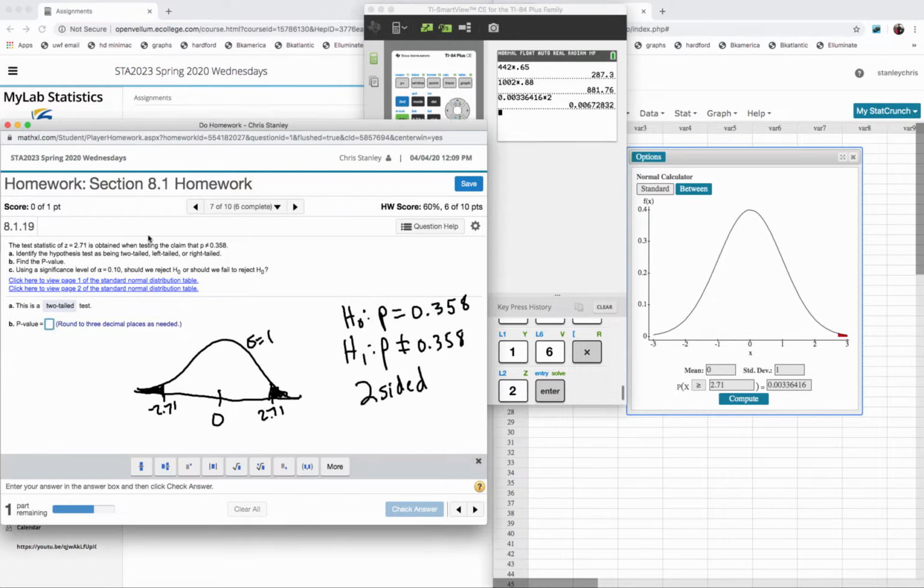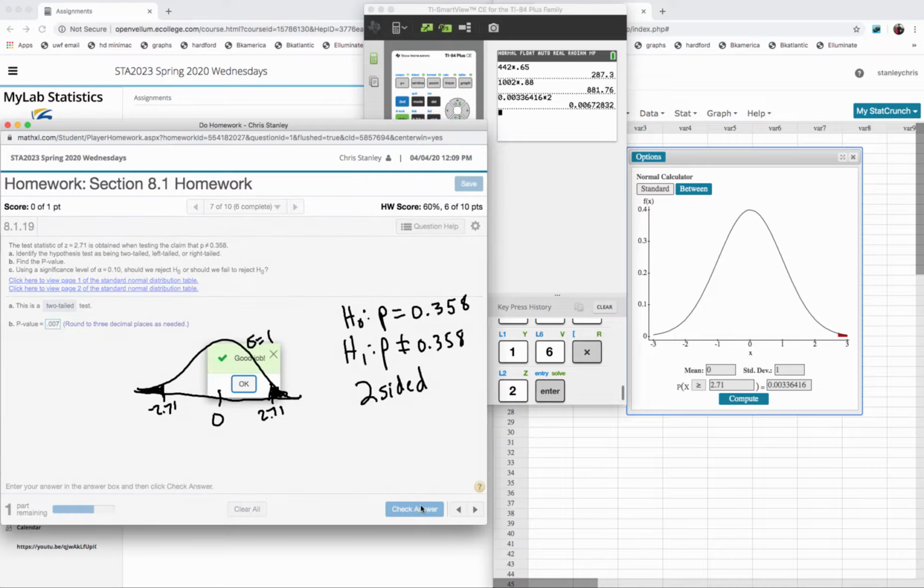So that's going to be your p-value. We have to round to 3 decimals, so 0.007. Now, when you run this test using StatCrunch, like a t-test or a z-test or a propstat, it doubles it for you.